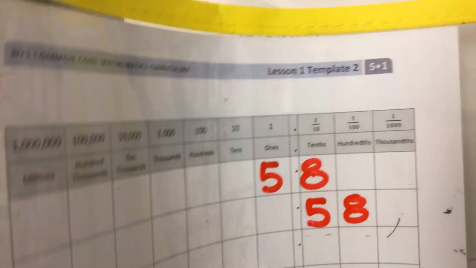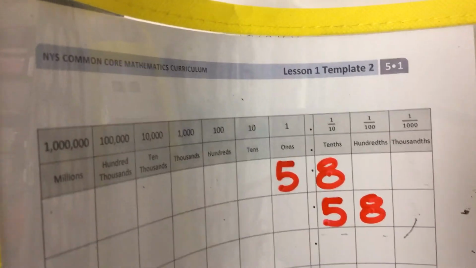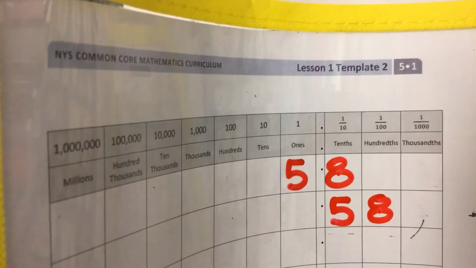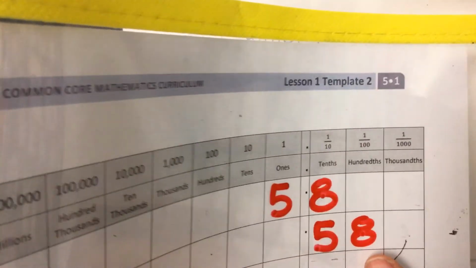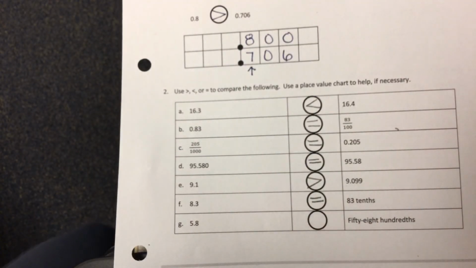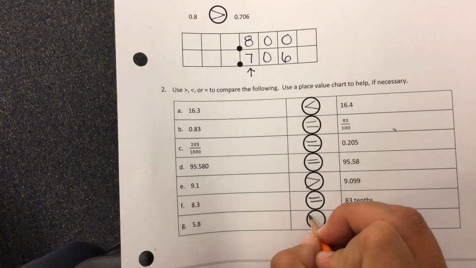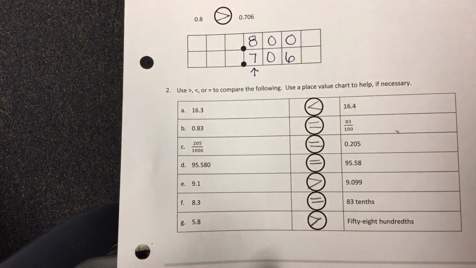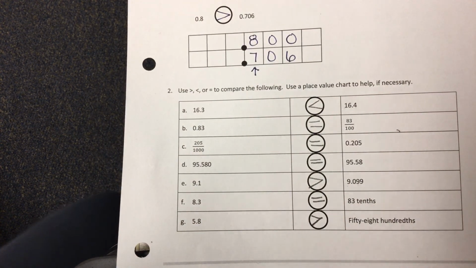And let's take a look at this. Which number is bigger? That 5 is going to be bigger. The 5 and 8 tenths is bigger because I have a whole number. On that 58 hundredths, I don't have a whole number. So I already know that this is going to be greater than 58 hundredths. On the next video, we're going to take a look at the back side.